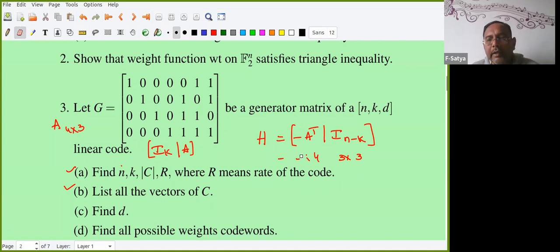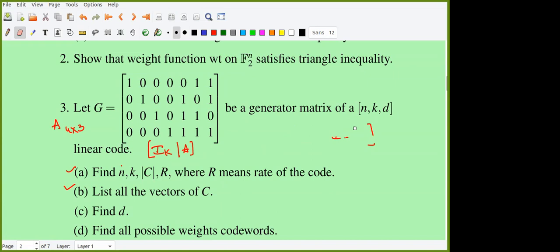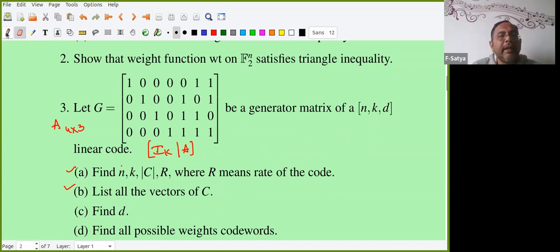So I'll now write that matrix. But what is minus A transpose in binary? There is no minus, so it is A transpose only. This part is my A, but I'm writing A transpose. So each column becomes a row here, correct?